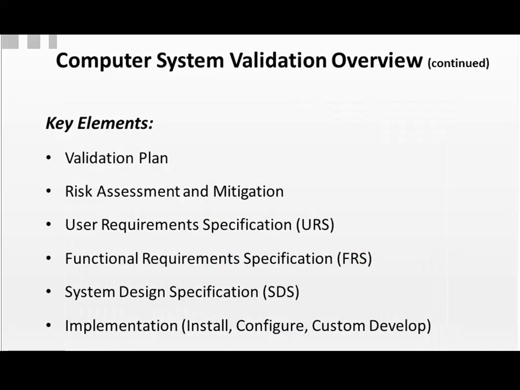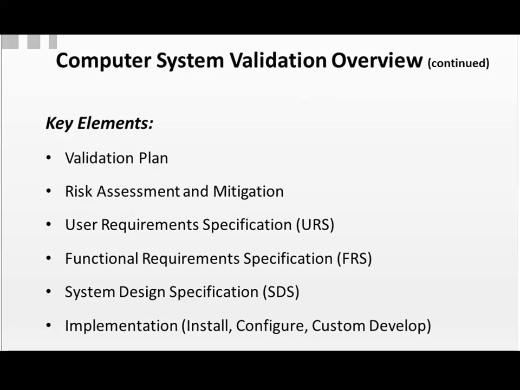The key elements of the life cycle methodology start with the validation plan. This includes in part a risk assessment and mitigation. And the user requirement specification should lead you to understanding what kind of system you're looking for in order to select one.